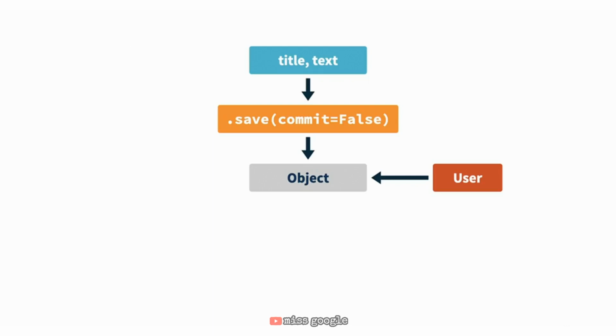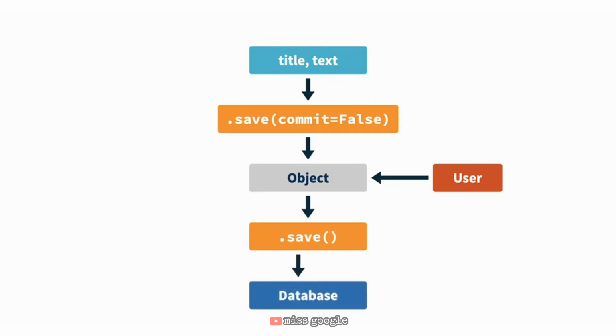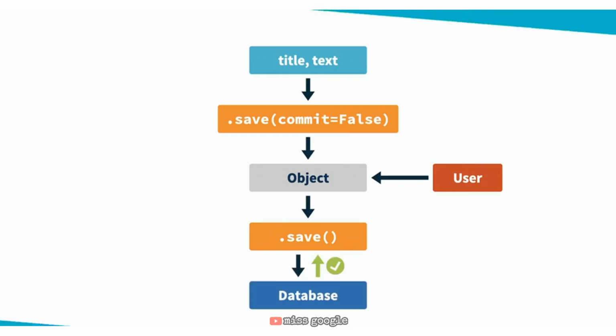We do this by passing the attribute commit equals false, which creates the object but doesn't save it to the database. Then we have the object, we insert the user, and then we call save, successfully saving the note with that user to the database. As you can see, class-based views can be changed as you please. Now the endpoint is working and life is good again.